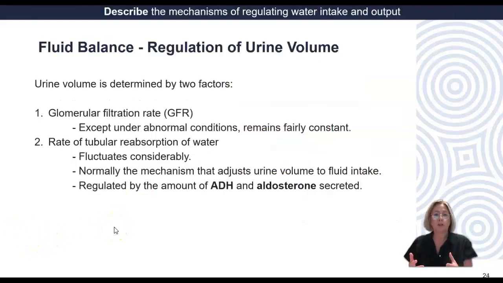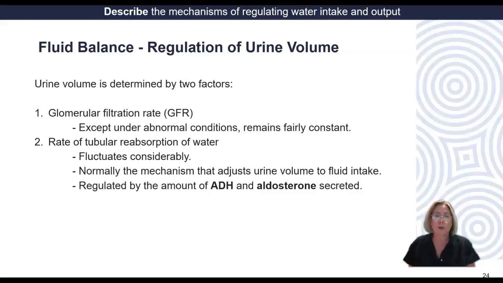Okay, so now we're going to look at regulation of urine volume to regulate fluid balance. Again, we've been through this a couple of times. So urine volume is determined by those two factors listed there: glomerular filtration rate. We talked about this in the last topic, except under abnormal conditions, the glomerular filtration rate remains fairly constant despite systemic changes in blood pressure.